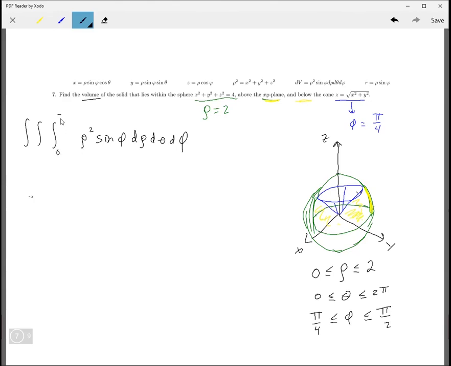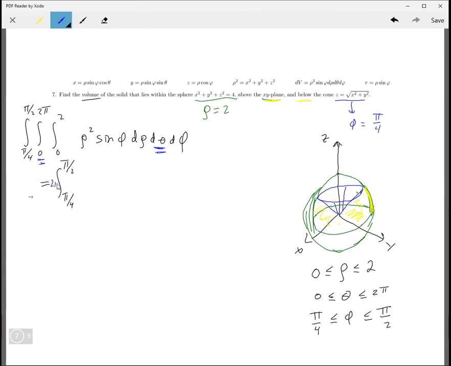Then rho goes from 0 to 2, theta goes from 0 to 2 pi, and phi goes from pi over 4 to pi over 2. Now there's no thetas in here, right?